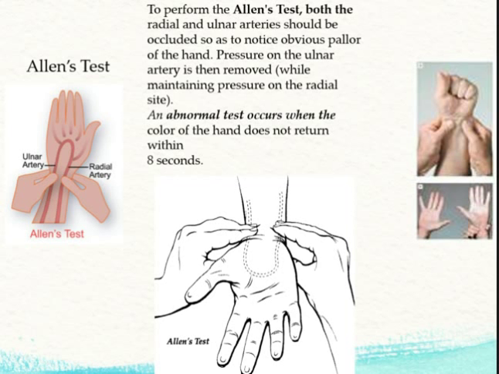So the first thing you will do before you would send a patient to have a TR band or a radial approach would be an Allen's test. To perform this test, you're going to occlude both the radial and the ulnar arteries, and then have them make a fist, watch their hand change color, and then you will let off the ulnar artery.